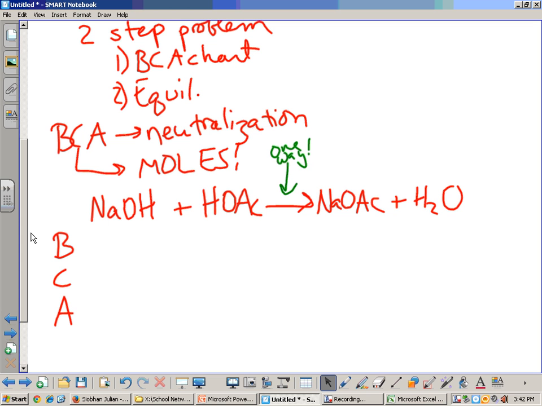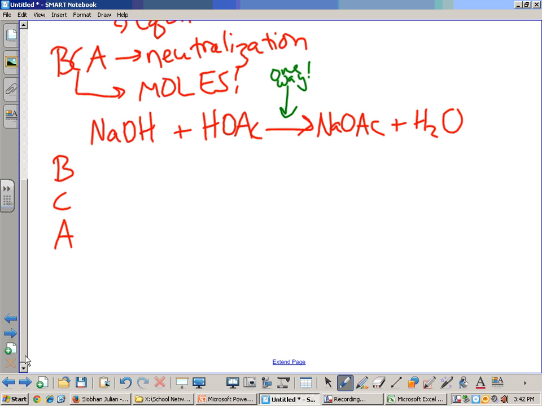Now, moles. You start off by figuring out how many moles of the NaOH we have. So that's just using the fact that we have 45 milliliters, and it is 0.1 molar.